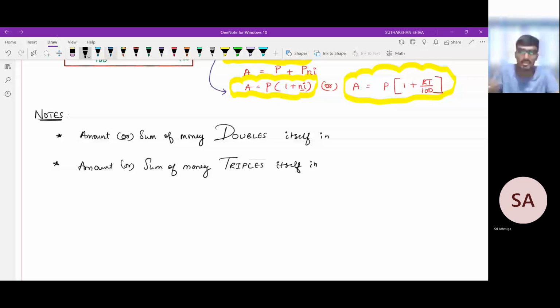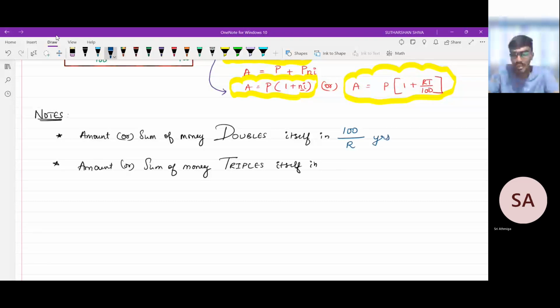What you are going to do is just take 100 divided by the R value, and that is the number of years you will get. For triples, you need to put 200.